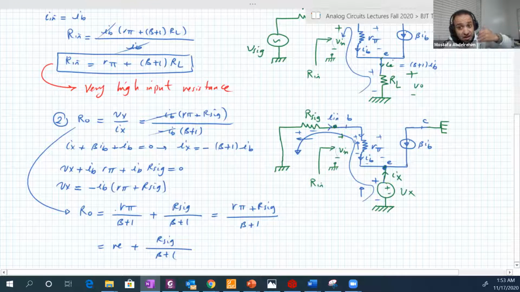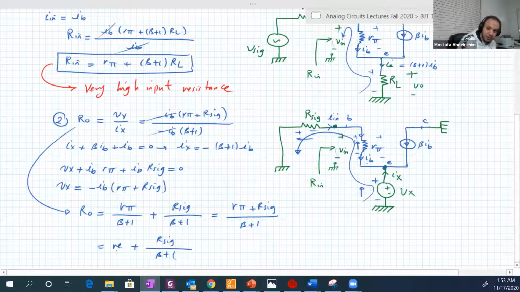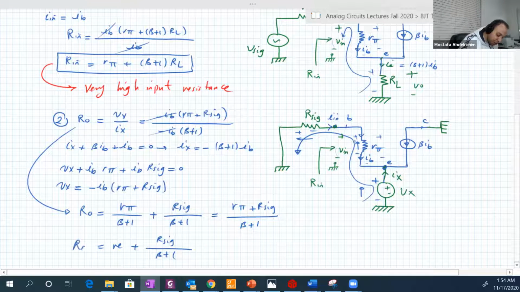If we divide it by beta, which is 100 or even more, we end up with something in ohms. And our signal resistance may be 1 kilo, 2 kilo, even 10 kilos. If you divide it by beta, you attenuate or lower its value 100 times. So for that reason, RO, the output resistance of the common collector, is usually very small.